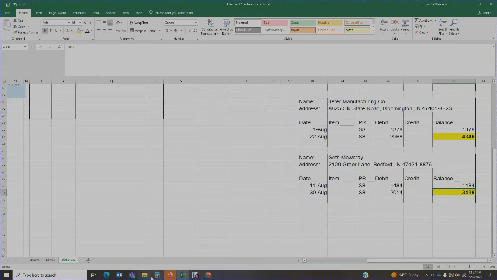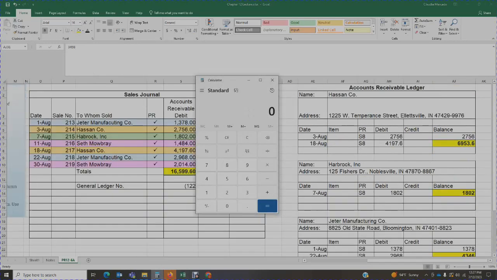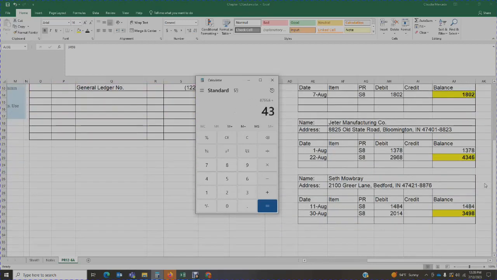Okay, and if we add those 4 numbers, $69.53.60, $1,802, and then we add 43.46 and 34.98.